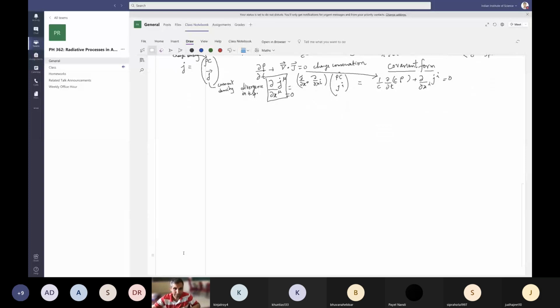Okay. Let's see. What about any other 4-vectors? Maybe someone can tell some other 4-vectors that they are familiar with. Energy-momentum, the energy-momentum 4-vector. That's correct.